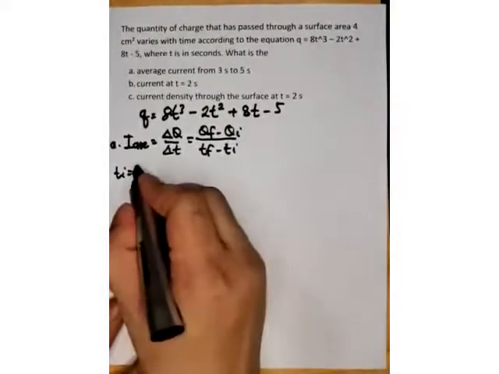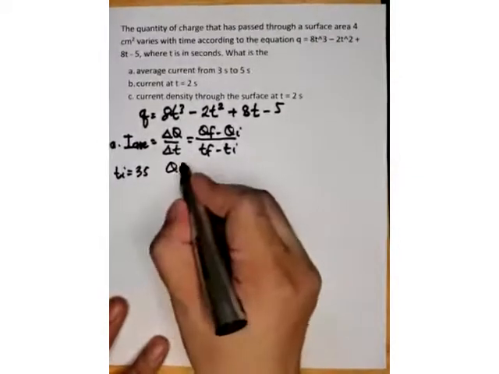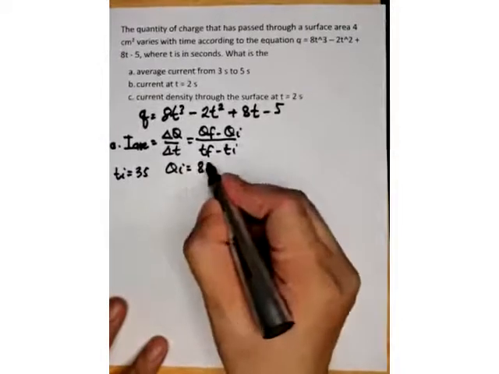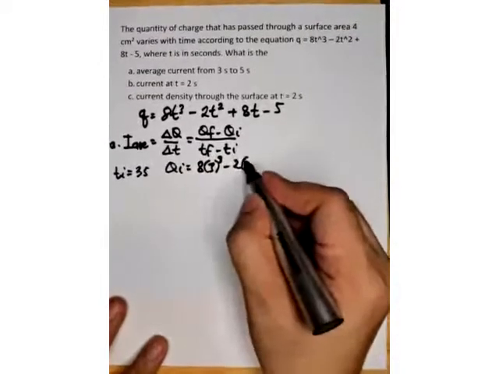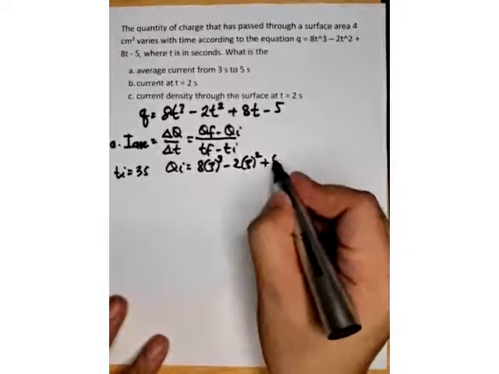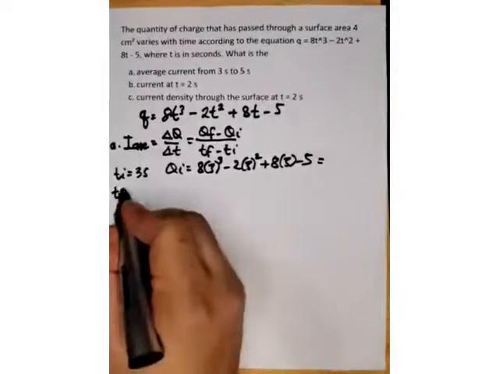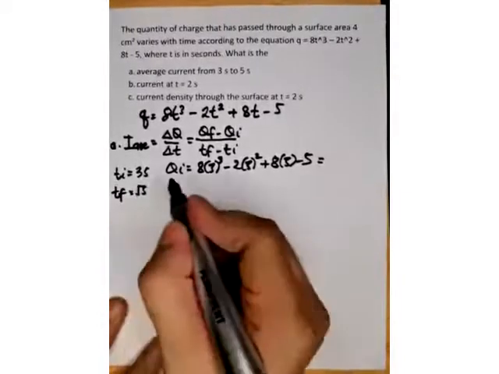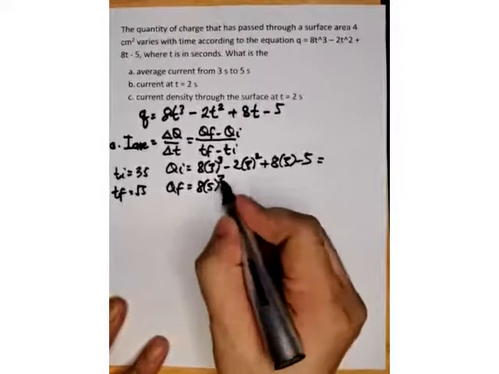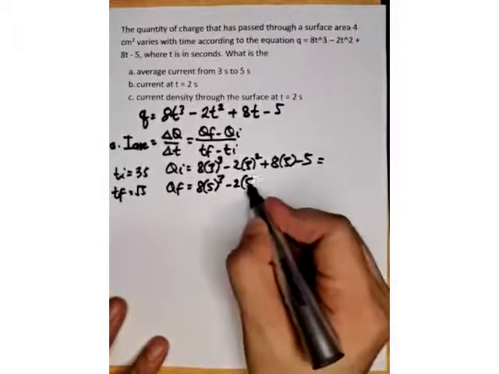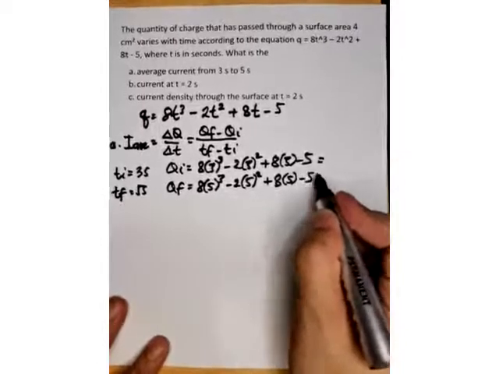So ang T initial natin is 3 seconds. So therefore, what's Q initial? Substitute lang natin: 8 times 3 cubed minus 2 times 3 squared plus 8 times 3 minus 5. Pwede bang pa-compute? And then T final natin is 5 seconds. So Q final is 8 times 5 cubed minus 2 times 5 squared plus 8 times 5 minus 5.